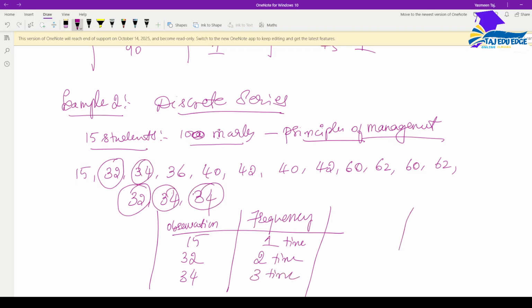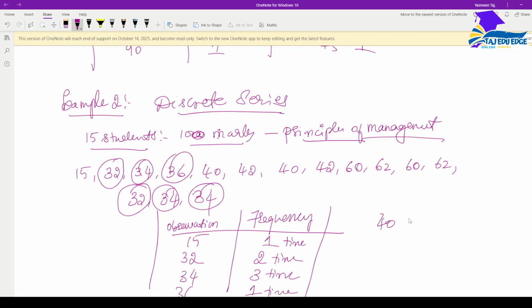In the same way, further, after 34 comes 36. How many times do we have 36? Only one time, right? This is the frequency.